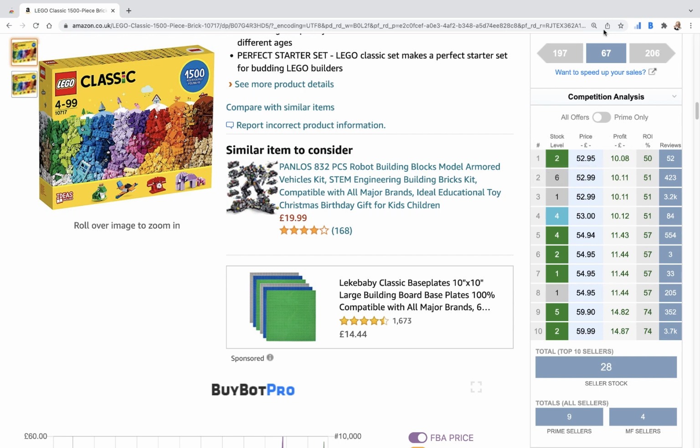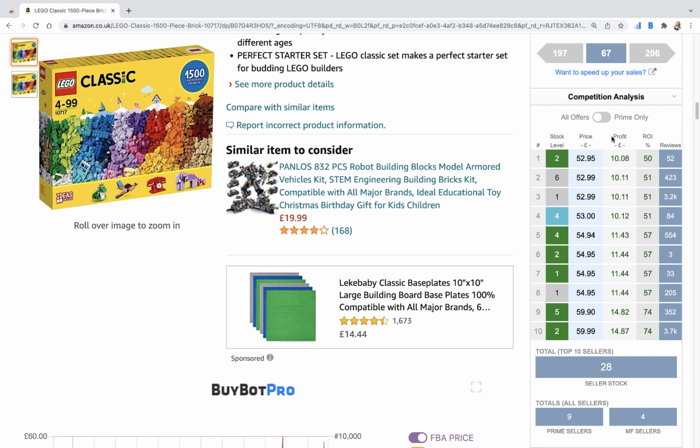When you look at how many it sells a month and the fact that Amazon have potentially got 999 in stock, you can see why looking at the competition is really important. So this one, the competition looks great because we've got 28 in stock, you've only got 13 sellers, and it's selling 67 a month. So the odds are massively in your boss's favour when they're looking at selling this product.